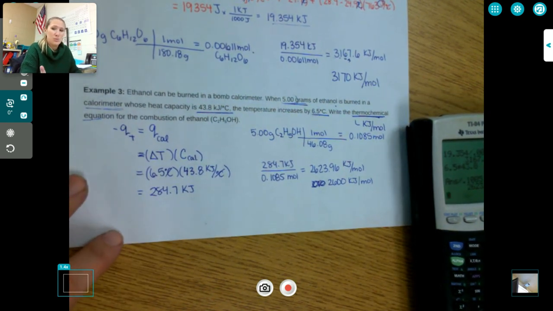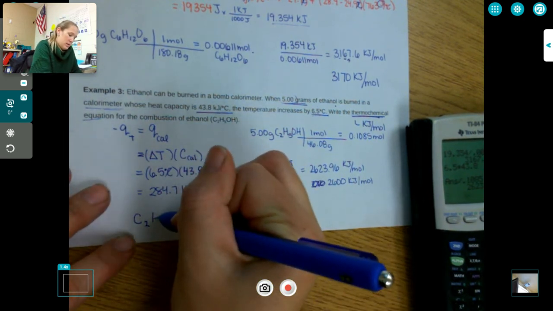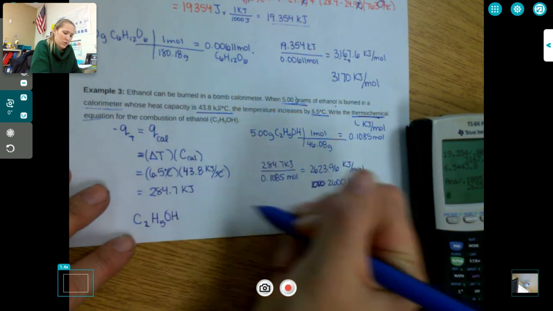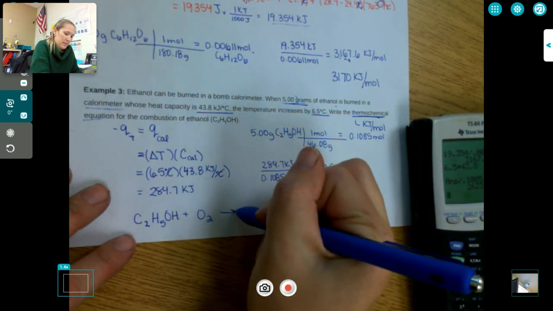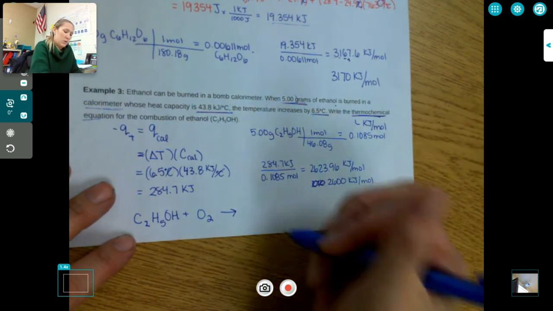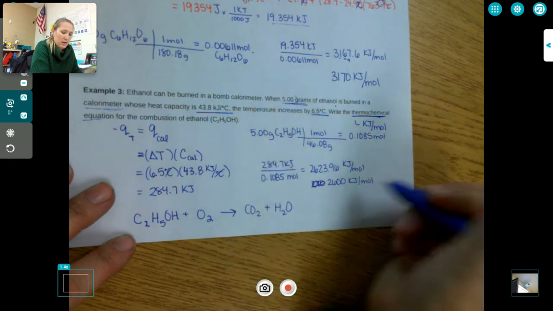So ethanol is burned. Our chemical reaction is C2H5OH. It's burned. So we've got oxygen. Combustion reaction. So we're always going to make carbon dioxide and water.